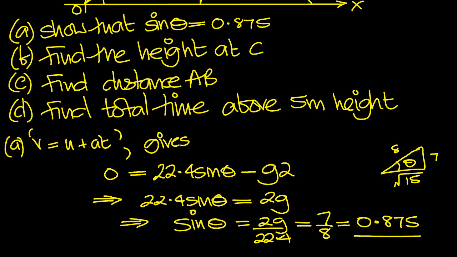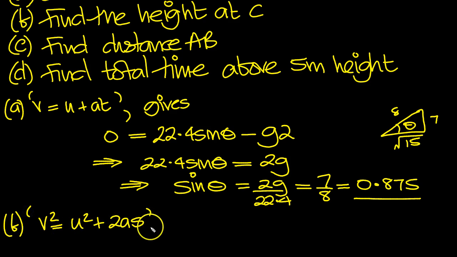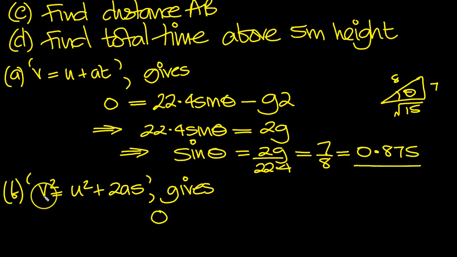Find the height at C. Okay, find the height at C now. So the height will need v squared equals u squared plus 2as. This equation of motion vertically gives, so the final velocity is 0, so that's our v.